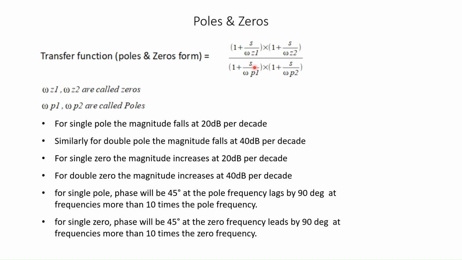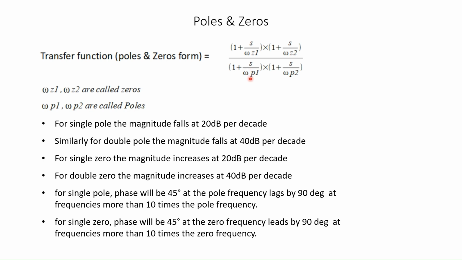Okay. When the actual frequency is less than omega p1, it is going to be less than omega p2, omega z1, and omega z2 as well. So all these terms will be negligible and effectively only 1 will remain. So the magnitude will be 1 and 20 log 1 is 0 dB. When omega is equal to omega p1, the first corner frequency is reached.